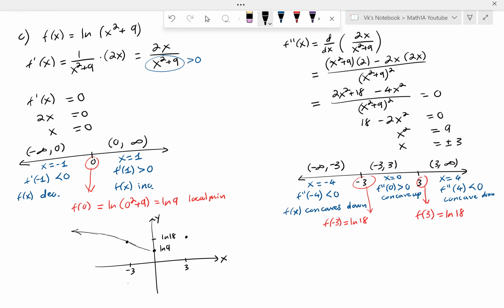So concave up, we'll have a local minimum right there. And then from 3 to infinity, the function is increasing and concave down. Yay! Got it. Oh my God, this is a very nice sketch.